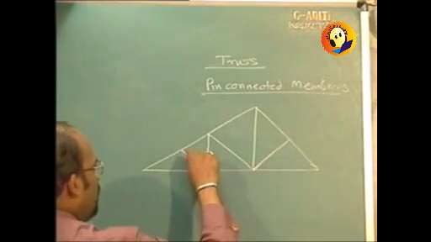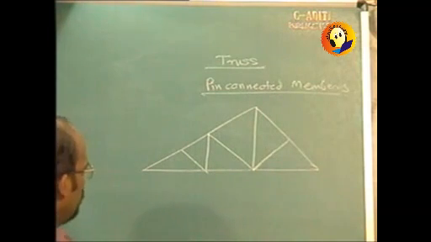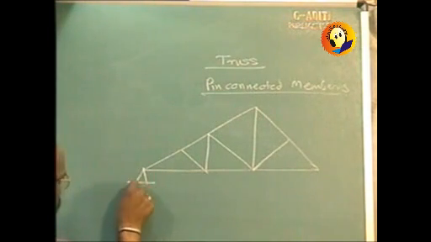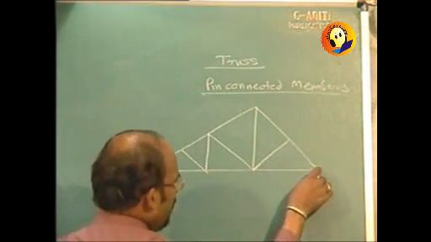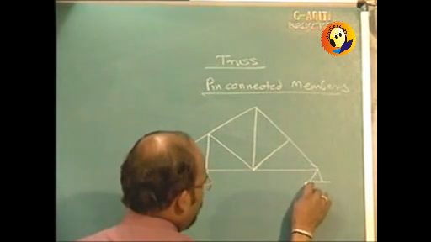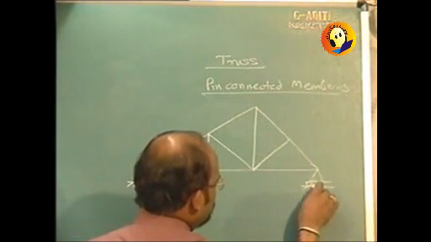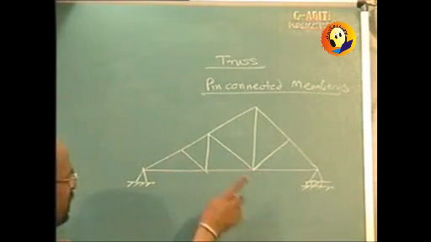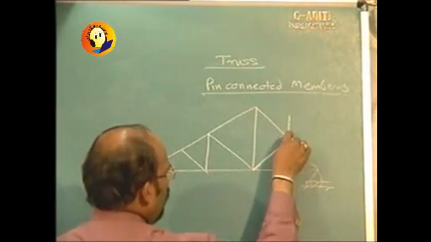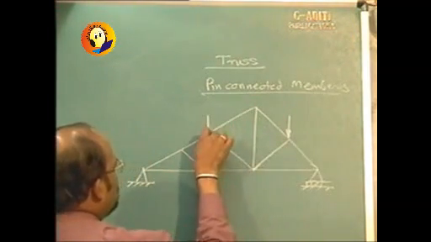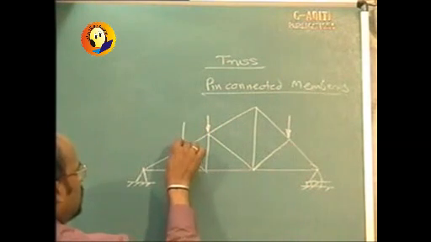So it may appear somewhat in this manner also, and there could be a support on one side which could be hinged. At the other side there could be a roller present. This is to support the loading which might be there on the truss.